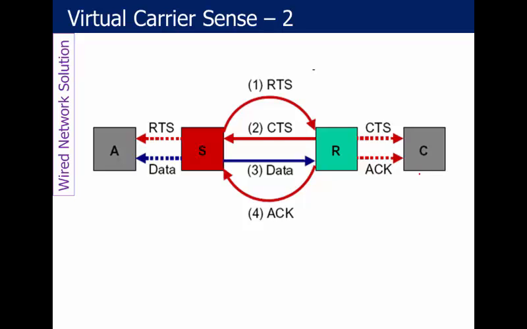So the access point receives the data when you upload, and then forwards it to the other side. And if you want to download, then the access point is the sender, and your laptop is the receiver. So it takes turns.